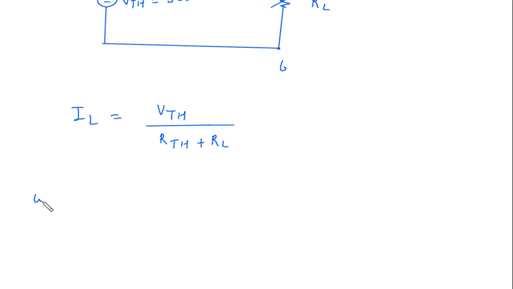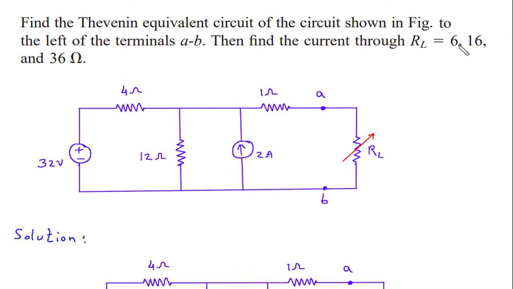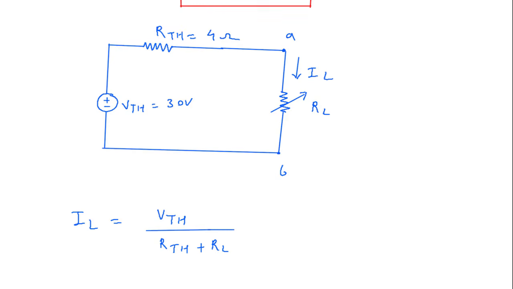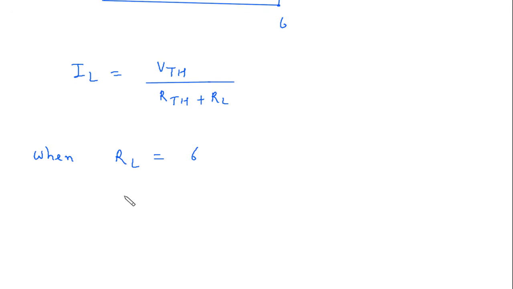Now when RL is equal to 6 ohm, then IL is equal to VTH, which is 30, by RTH, which is 4, plus RL, which is 6. So this will be 10, so this will be 3 ampere.